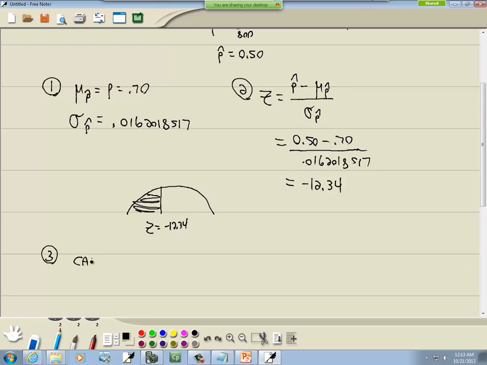So for step 3, via our calculator, we'll do normal CDF. It's going to the left, so it's negative E99, and then negative 12.34, 0, and 1.